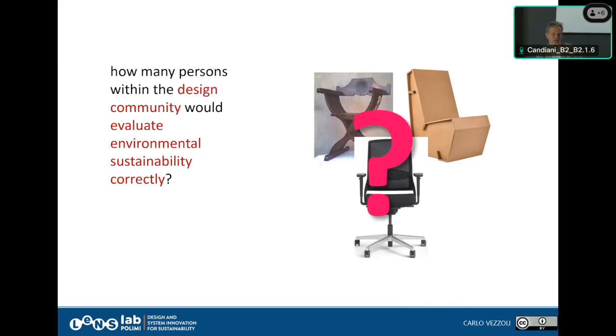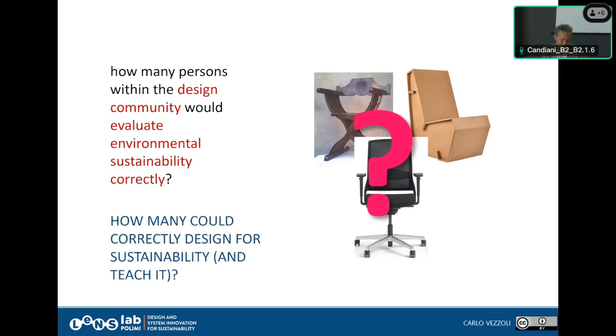So the issue is here, how many persons within the design community in general know or are able to evaluate what is environmentally sustainable, and how many could indeed correctly design and even teach.